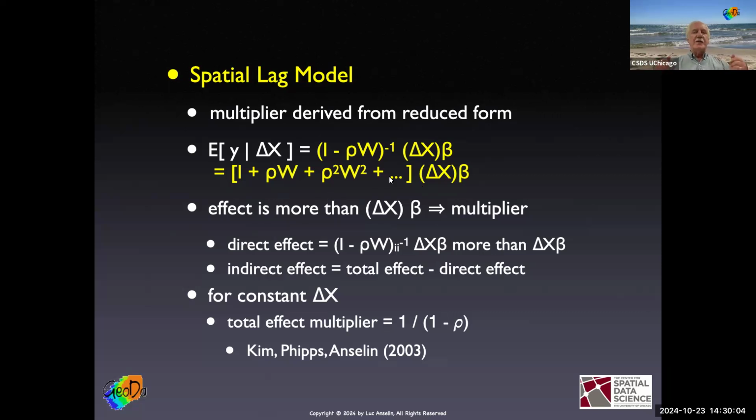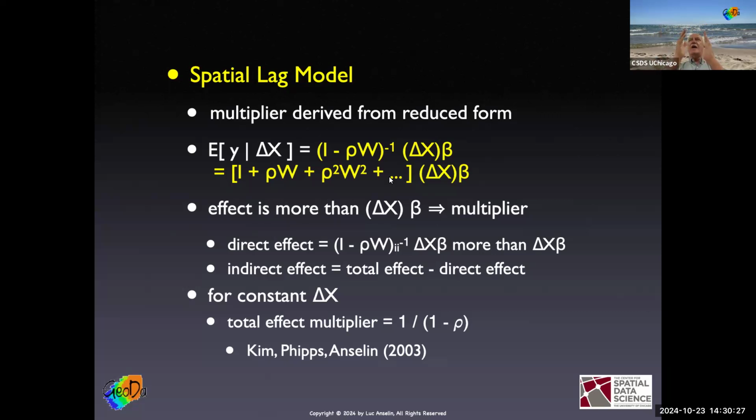And then it's a little tricky to separate out direct effects from indirect effects. The reason for that is that the change in the location itself, remember, I am my neighbor's neighbor. So there is a bouncing back of effects.